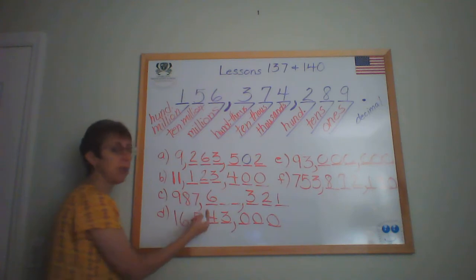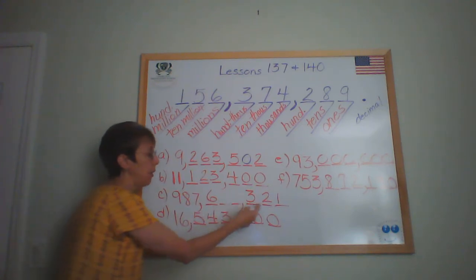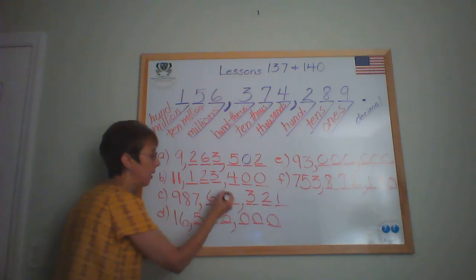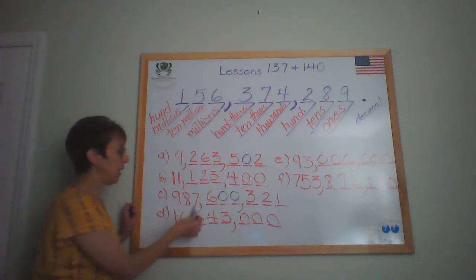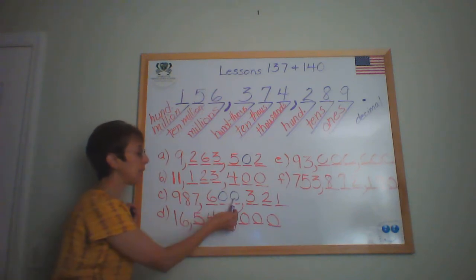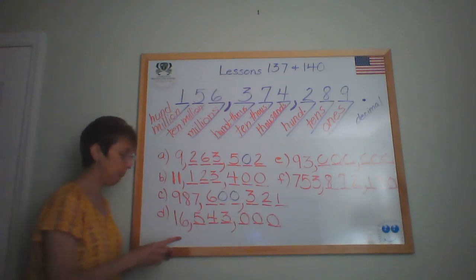Well, when you have it set up like this, 600,321, you're filling in with zeros. 987,600,000. Here's your comma for thousand, 321.